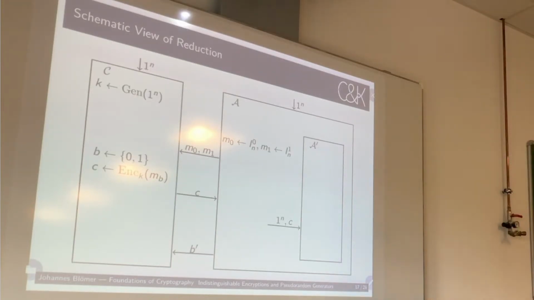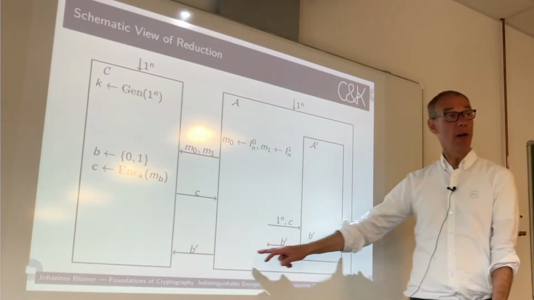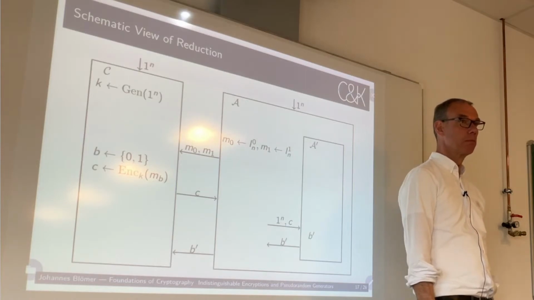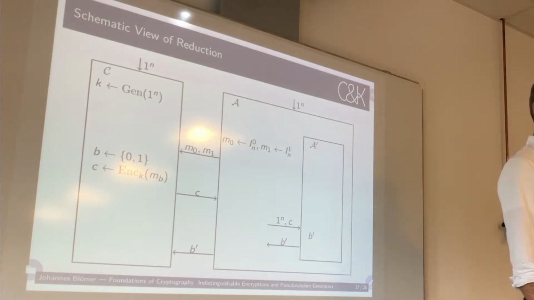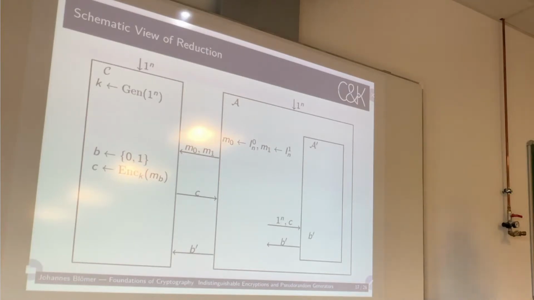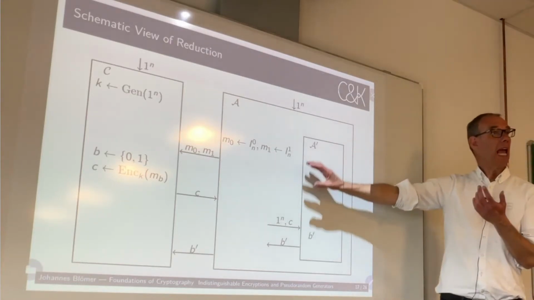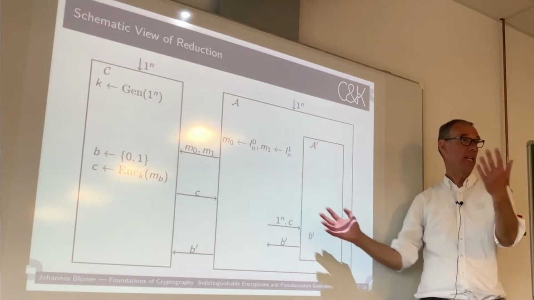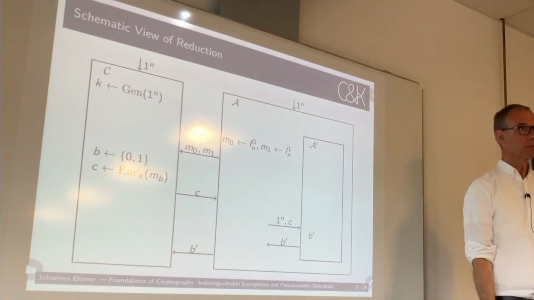And then whatever it outputs, this b prime, I forward simply as my output. So it's a nice visualization of this. And I can do that for any A prime. For any A prime, this makes sense. Okay?